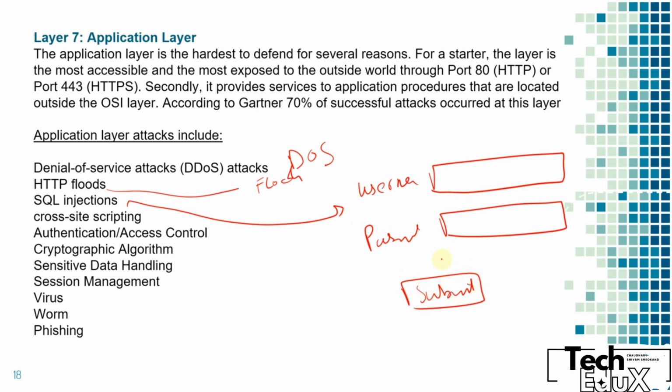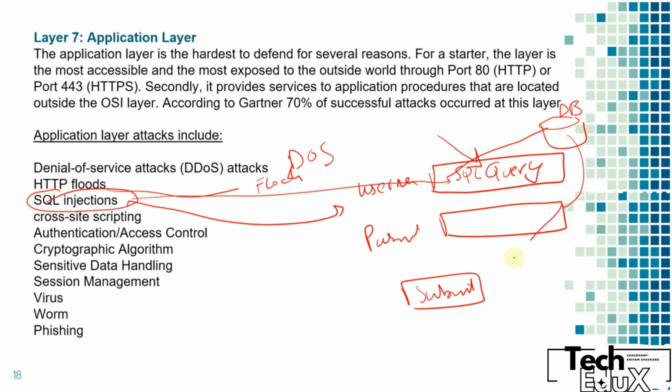If you are a very good programmer and you know what SQL injections are, you are going to inject an SQL query inside that username box, because at the end of the day this query is going to reach the database server and it will bring the reply which the hacker is interested in. So you can inject many SQL injections.